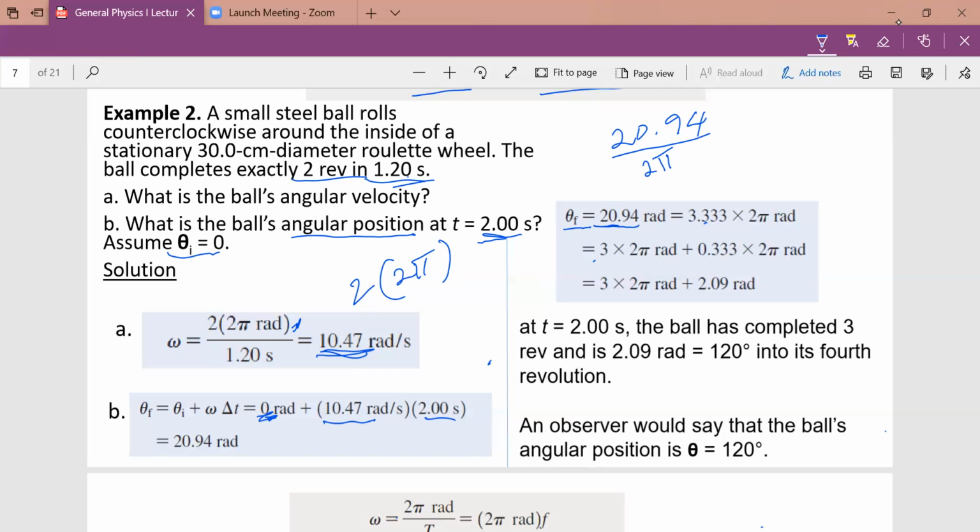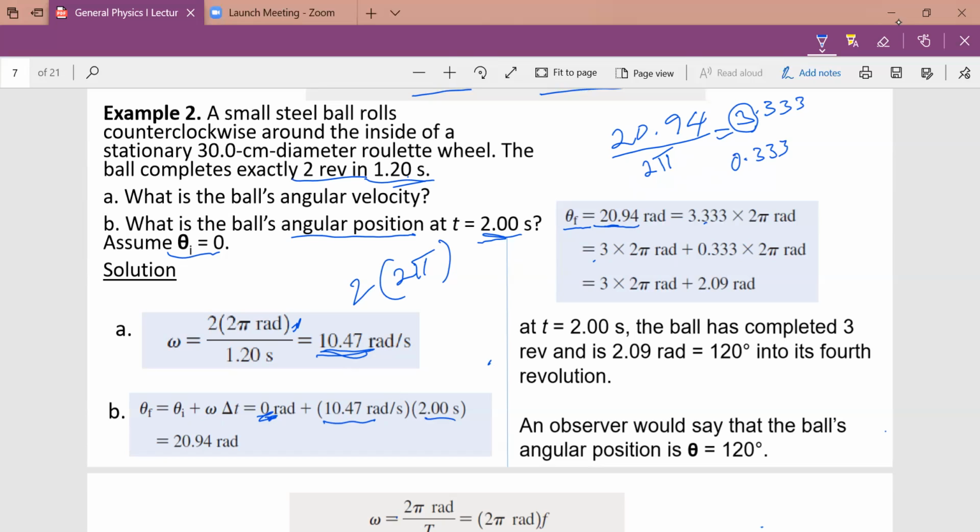So when we did that, we got 3.333. What this simply tells us is that the ball has completed 3 revolutions and is 0.333 into the 4th one.